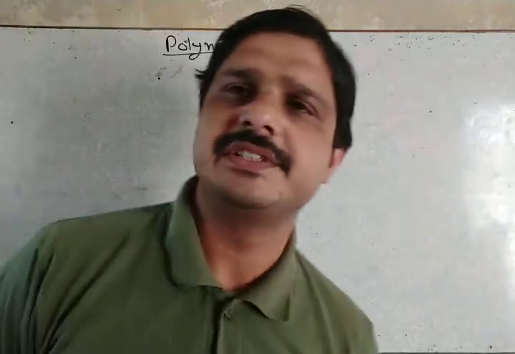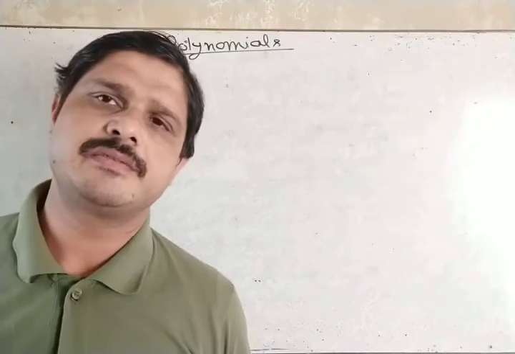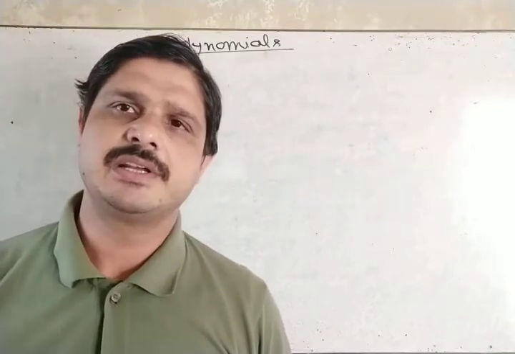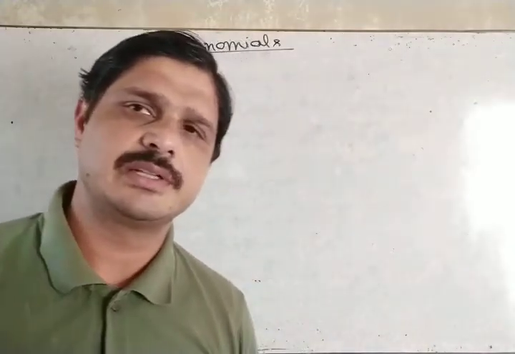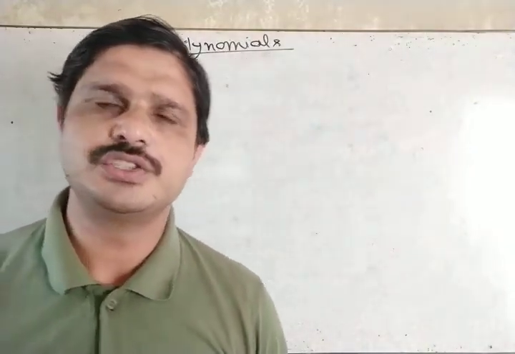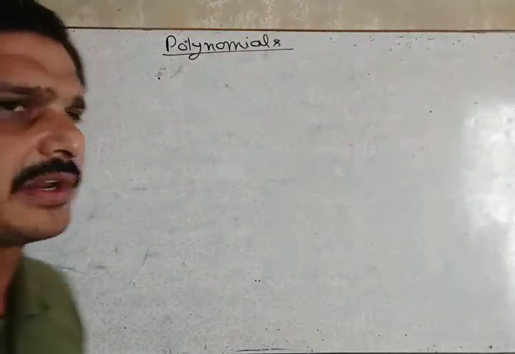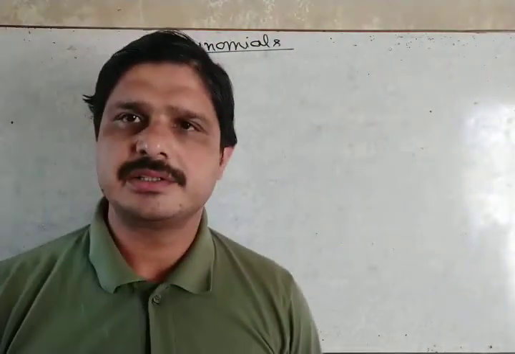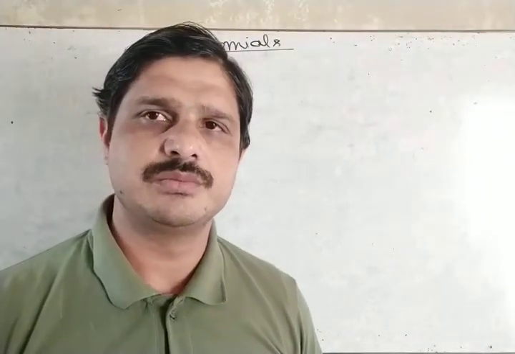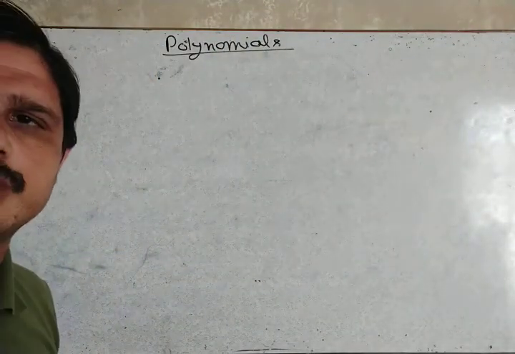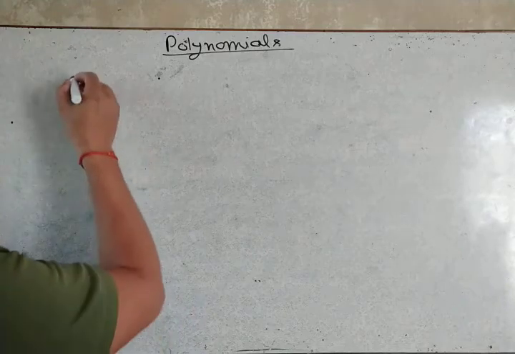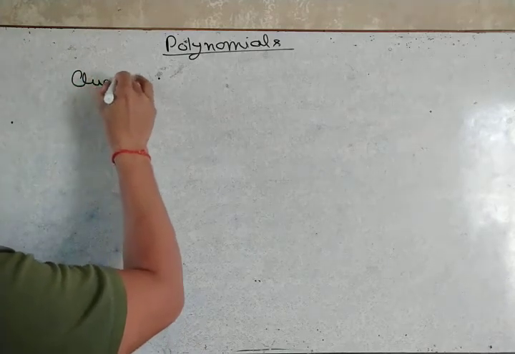We have seen that when any curve cuts the x-axis, the number of times that curve cuts the x-axis will be the zeros. And here we are learning more about zeros of a quadratic polynomial.